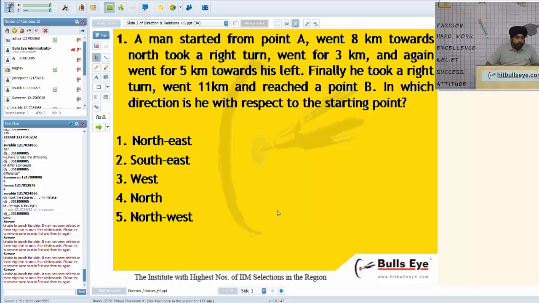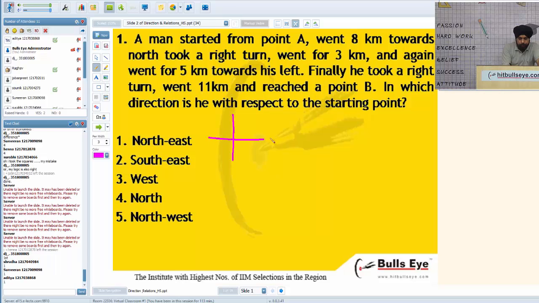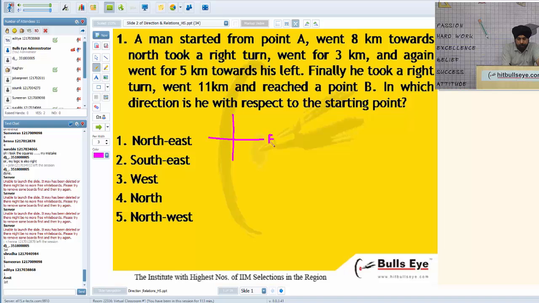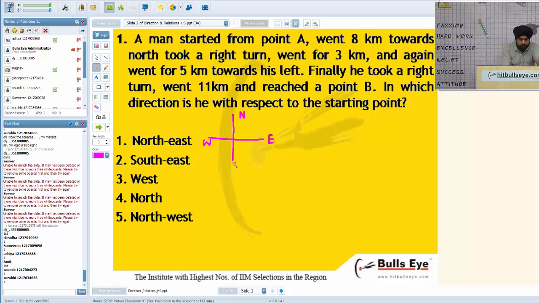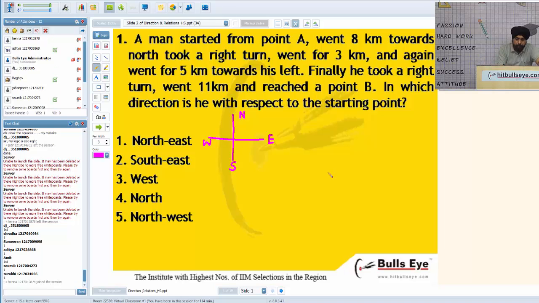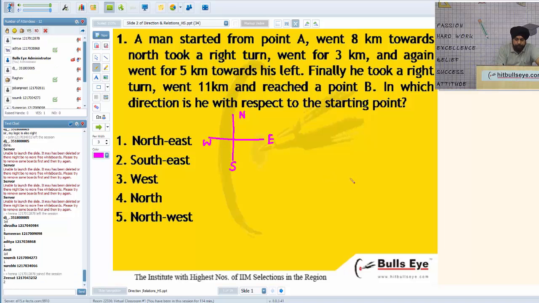Okay, so students, we are doing these direction questions. So just solve the first question based on directions. You all shall know the way we represent the directions. It is east, west, north and south. So a man started from point A, went 8 towards north, we will take north to be upwards. Took a right turn.